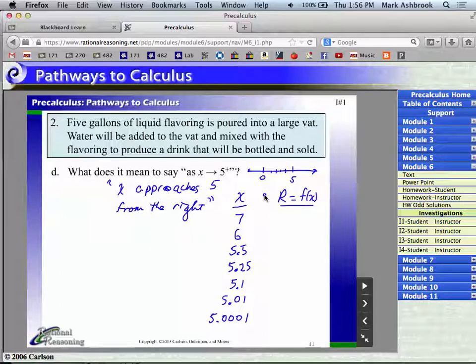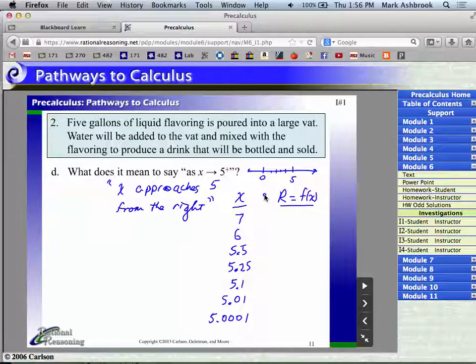Rather than everybody calculating all of them, everyone just pick 2 or 3 anywhere and calculate the corresponding ratio for the input. Then we're going to look at the sequence of outputs and see what it does as x, the total amount of mixture, approaches 5 from the right. Okay, go.